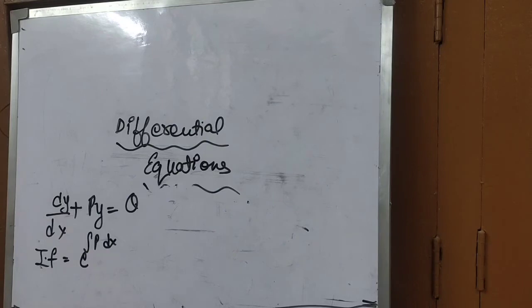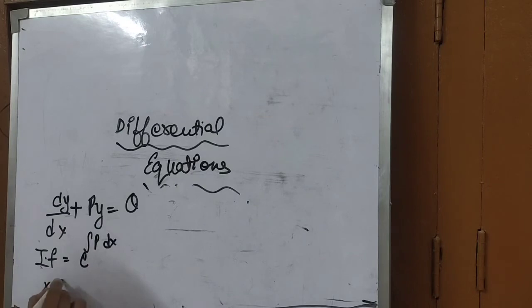Now this type of equation becomes your linear type of equation, and at the end, for the solution, you just need to work with the integrating factor and the equation. I'll tell you how to put it into the equation.